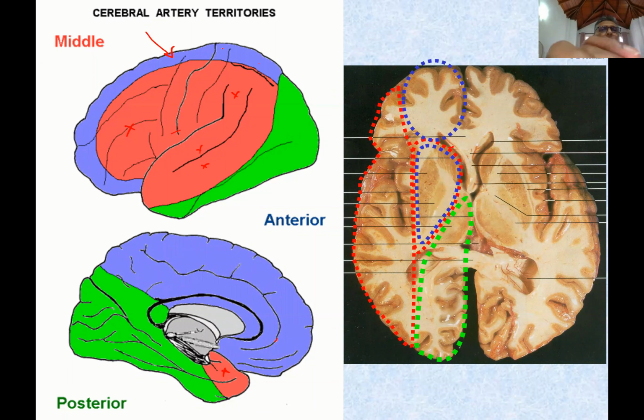because this surface is important, because you get the primary motor cortex here, and this is the primary sensory cortex. If you look at the homunculus, that area is the lower limb area. So that area would be affected if you damage or block the anterior cerebral artery.